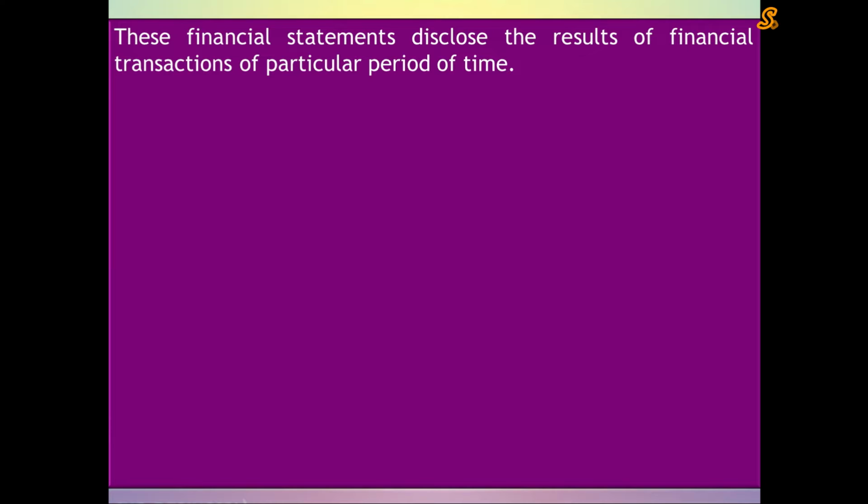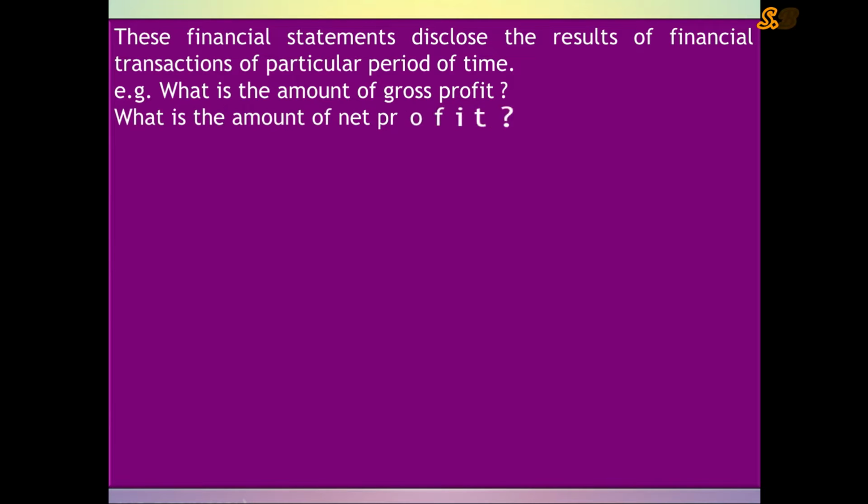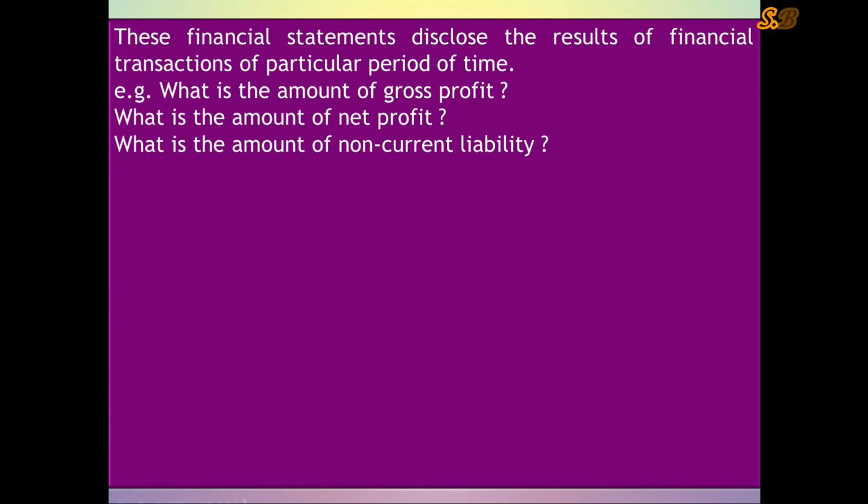These financial statements disclose the results of financial transactions of a particular period of time. For example, what is the amount of gross profit? What is the amount of net profit? What is the amount of non-current liability?